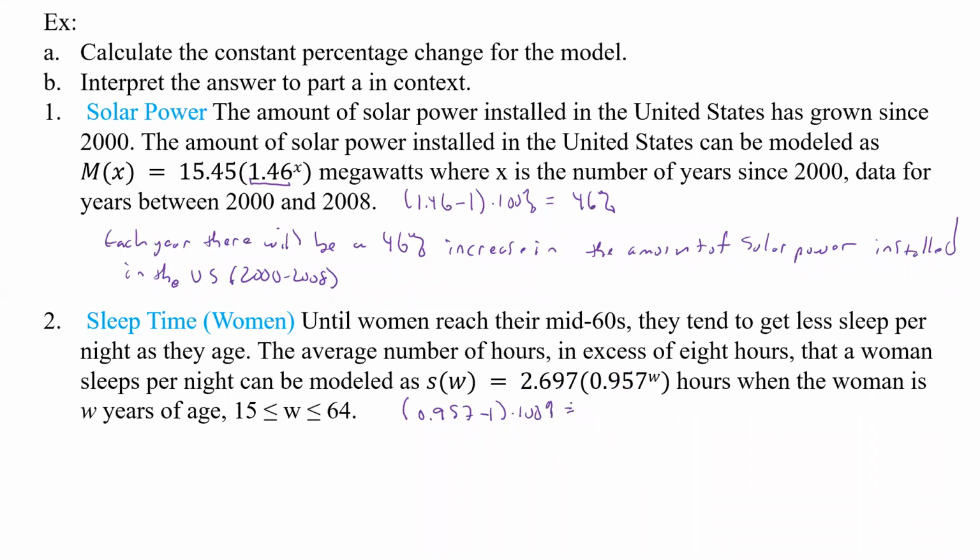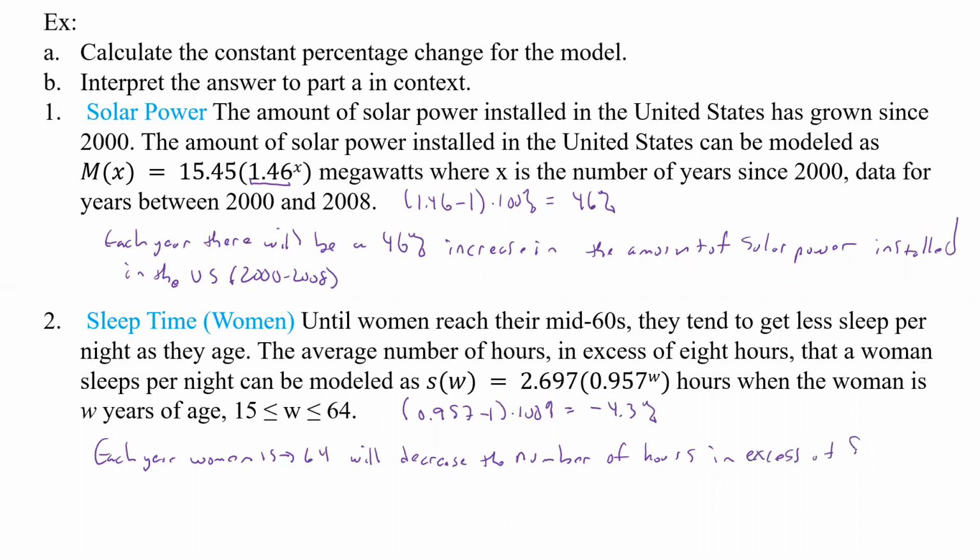If we plug that in our calculator, we get a negative 4.3%. So each year, women 15 to 64 will decrease the number of hours in excess of 8 hours per night they sleep.